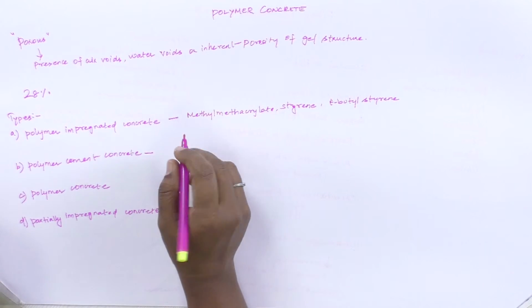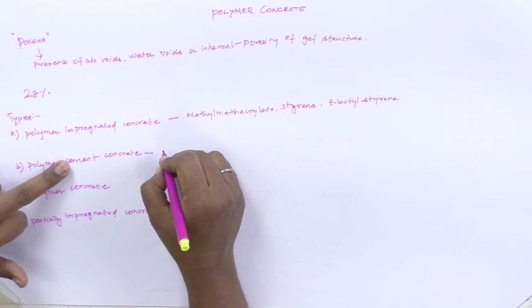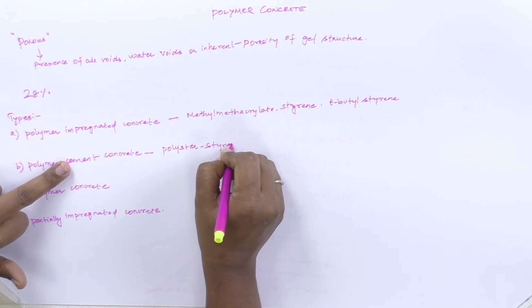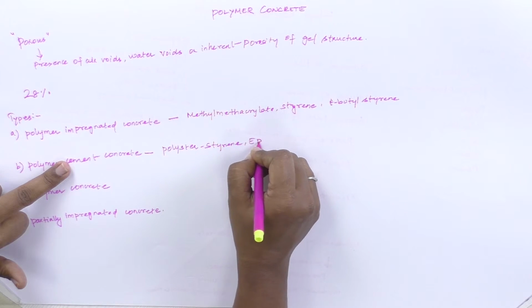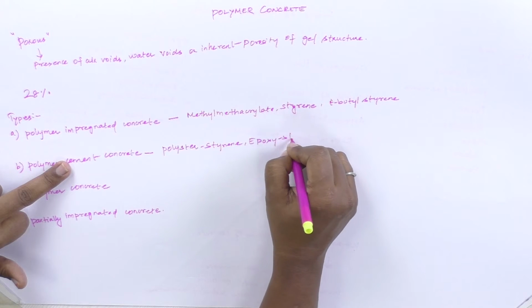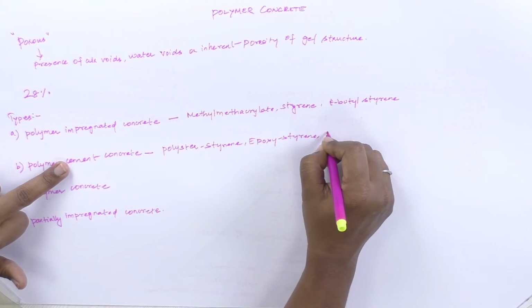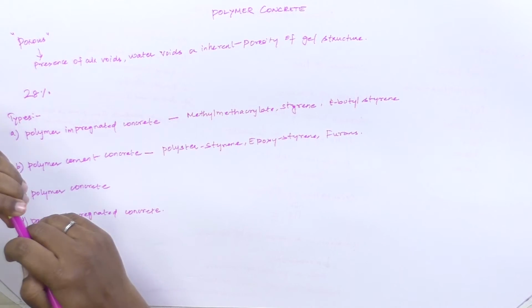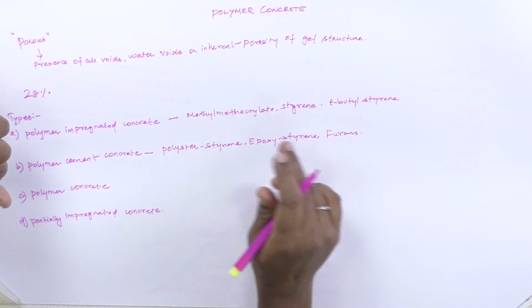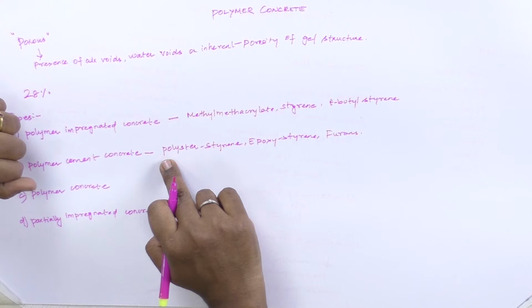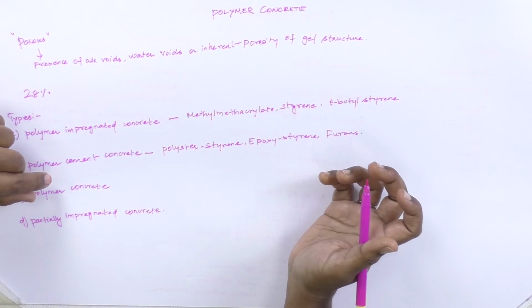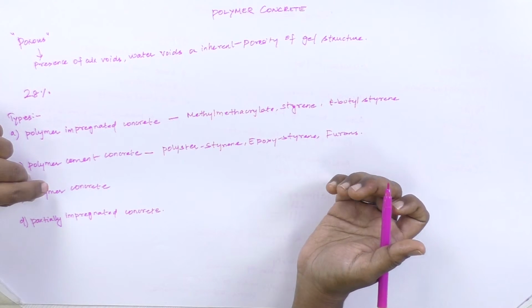The monomers used for this polymer cement concrete are polyester styrene, epoxy styrene, furans, etc.